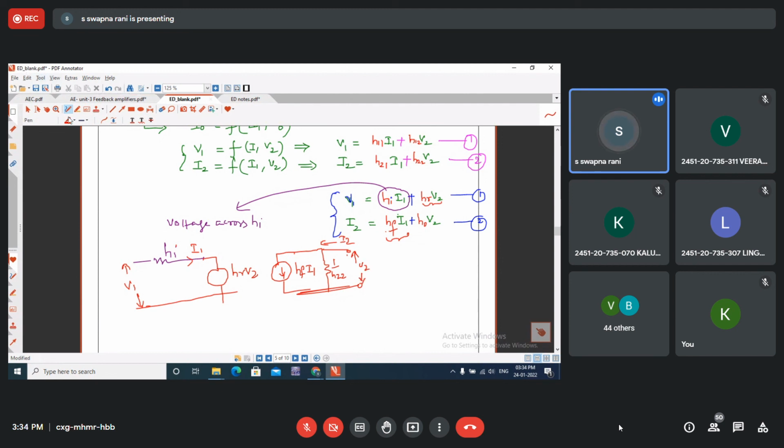What is the current through this branch? V2 divided by 1 by H22, V by R, so V2 into H22. So the same thing remains. By applying KCL at this node, you will get the second equation. By applying KVL to this loop, you will get the first equation.